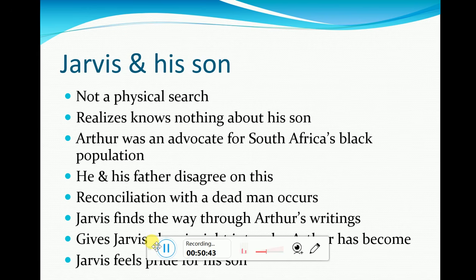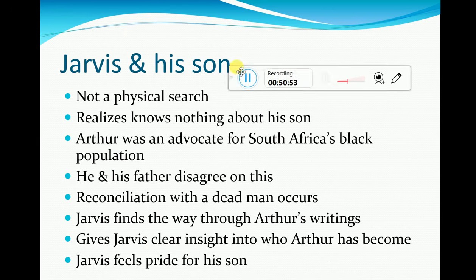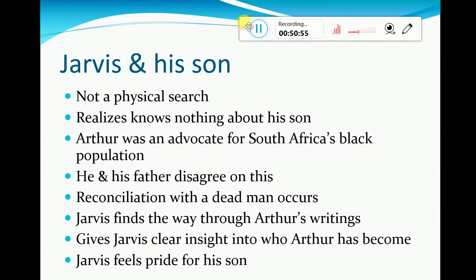But through his son's death, he's going to realize that indeed my son served a greater purpose. Hence, he's going to undergo radical transformation and assist in the reconstruction and rebuilding of Ndotsheni. Jarvis finds the way through Arthur's writings, which give Jarvis clear insight into who Arthur had become. Jarvis feels pride for his son. He was moved and motivated by the work of his son.